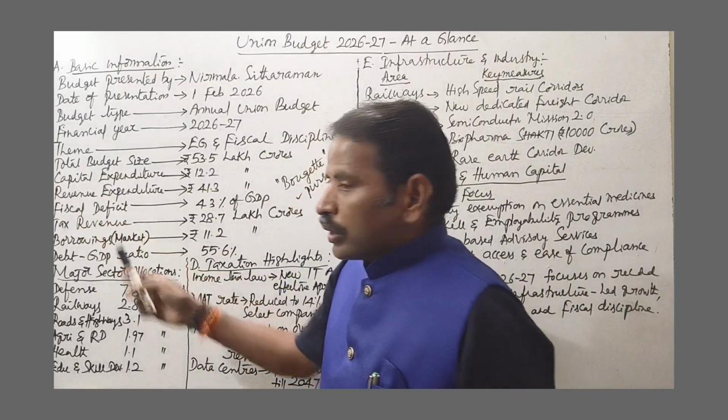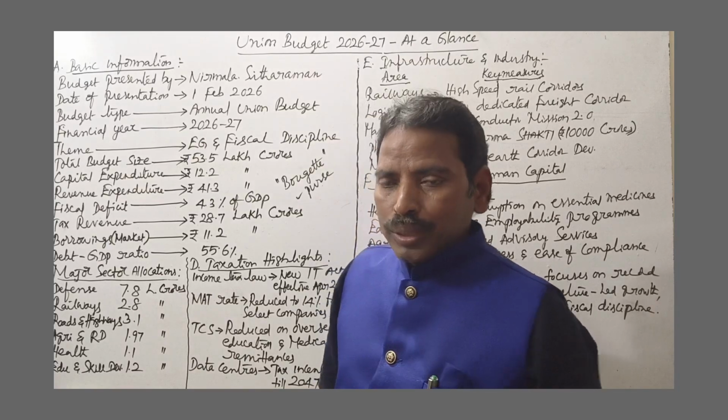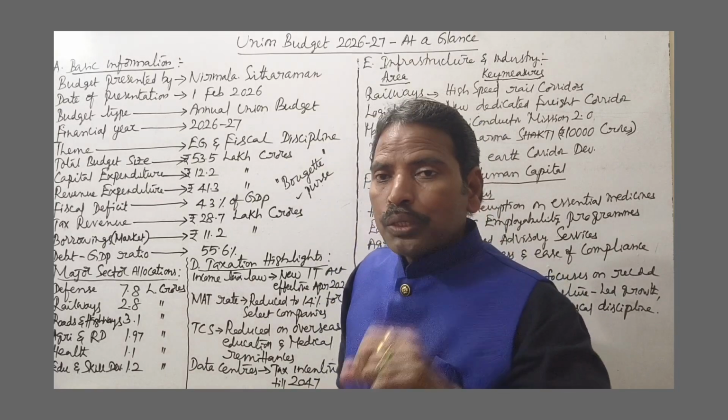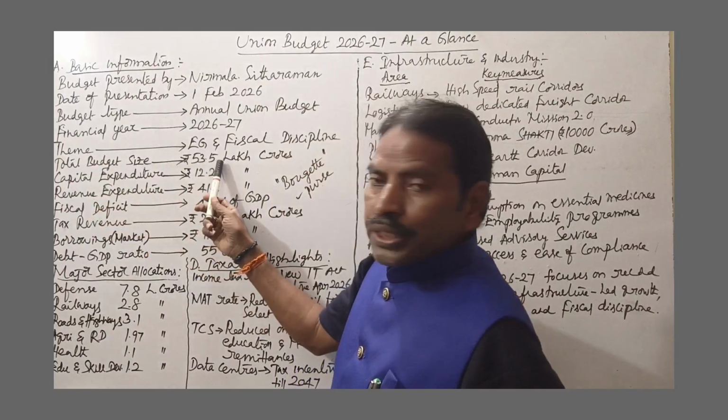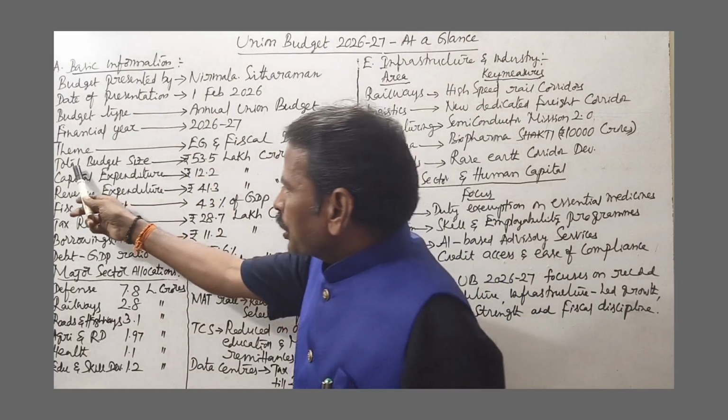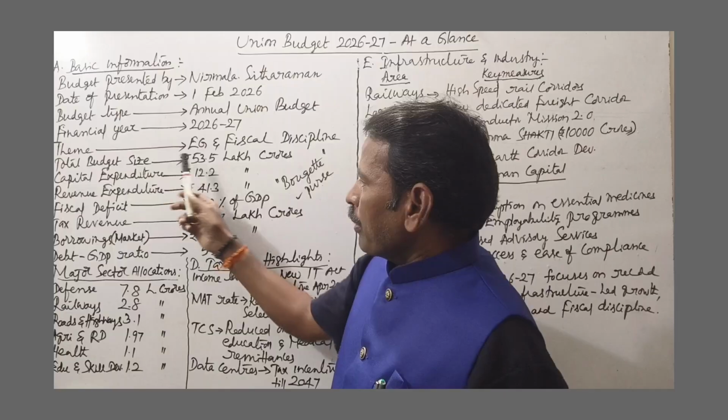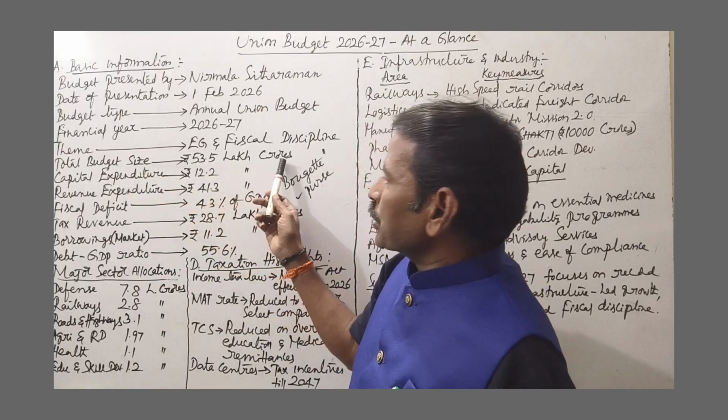Point B, key macro numbers. Indicator, budget estimates. Total budget size: 53.5 lakh crores.